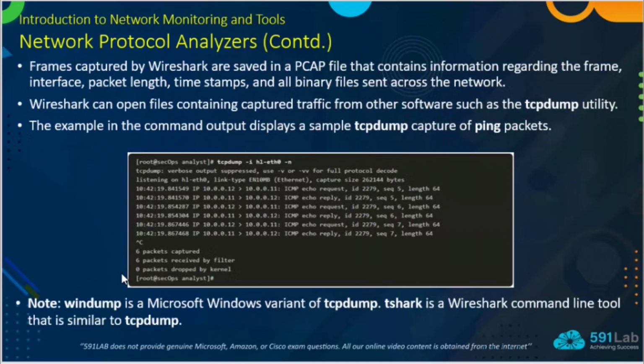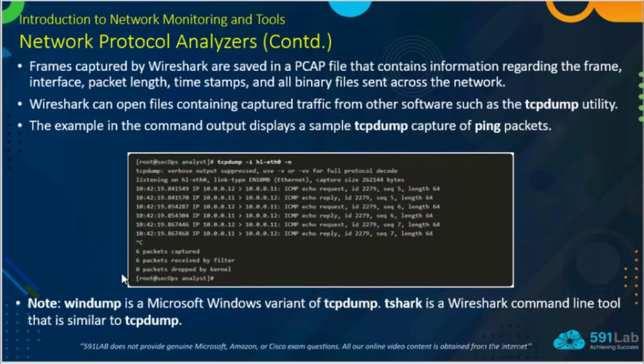A frame captured by Wireshark is saved in pcap files that contain information regarding the frame, the interface, the packet length, the timestamps, and all the binary data sent across the network. Wireshark can also open files containing captured traffic from other software, such as the tcpdump utility.